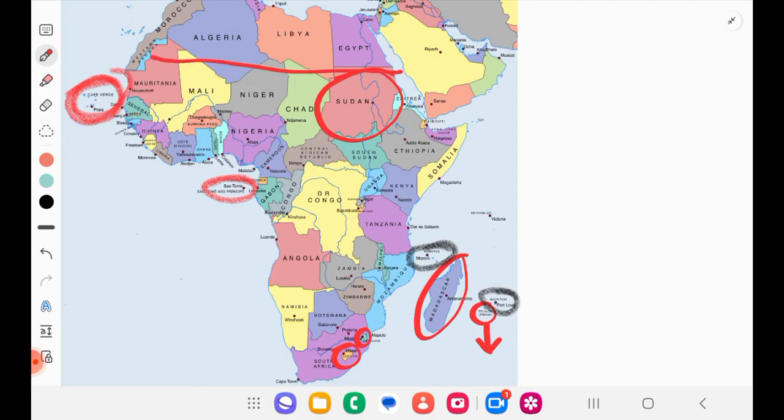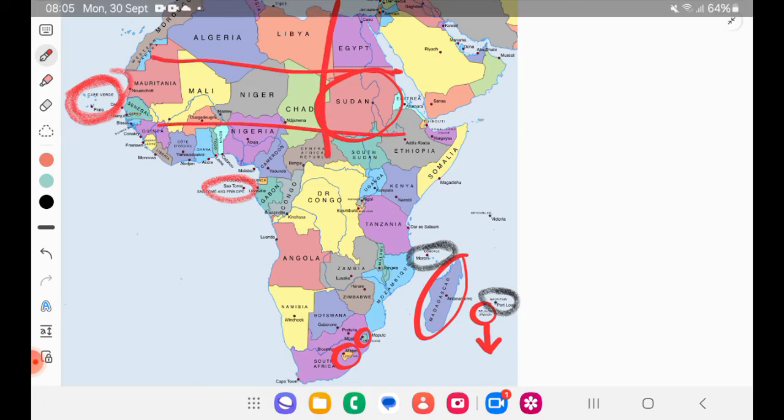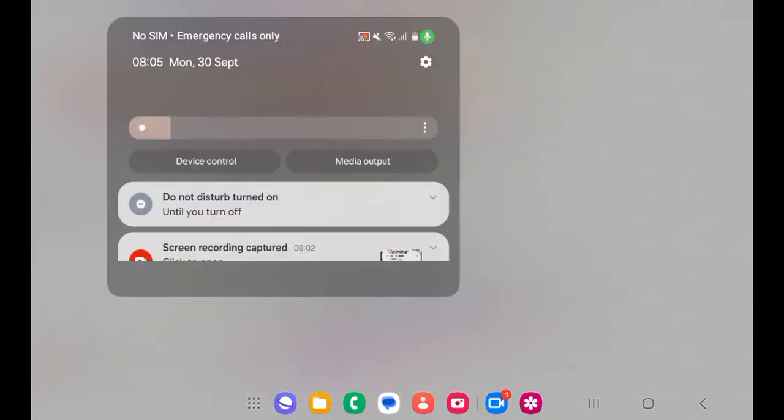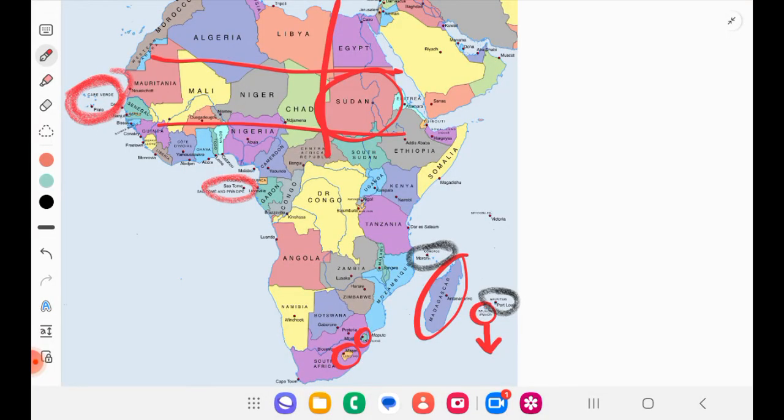If you are able to write exactly how it is represented, you should be able to say that it is Egypt, Libya, Chad, Central African Republic, South Sudan, Ethiopia, and Eritrea. These are the bordering countries. That's how you should be able to say. It's not only about naming, but how you are using this map is the main criteria here. So we'll just revise for today.